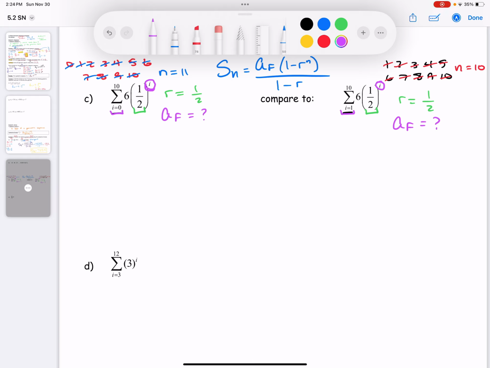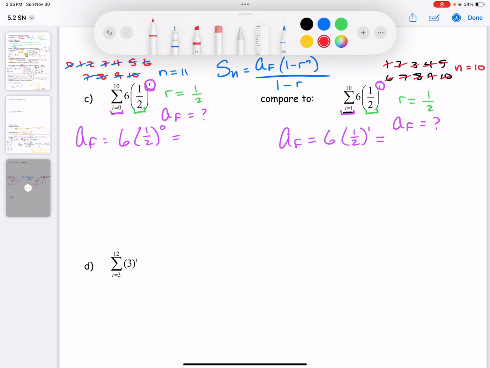So for this first one, I'm going to be taking 6. Let me rewrite that. A0 equals 6 times 1/2 to the power of 0. And for this other one, I'm going to be using 6 times 1/2 to the power of 1.